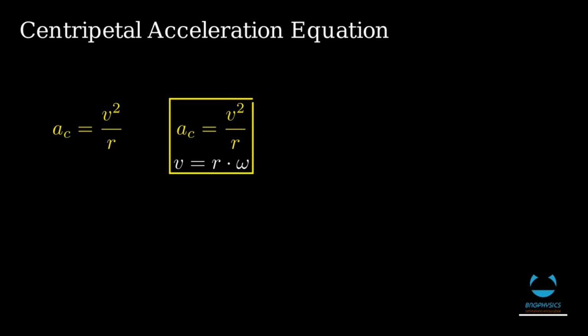From the previous angular velocity video, we know that v, the linear velocity, equals radius times the angular velocity, or r times omega. So we can combine this equation with the centripetal acceleration equation to give us this second equation, which is a, the centripetal acceleration, equals radius r multiplied by omega squared.